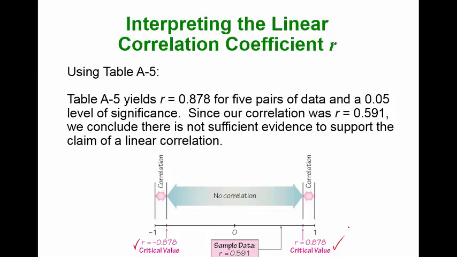On a number line between -1 and 1, if we mark our critical values at positive 0.878 and negative 0.878, those can be our markers to determine whether we have correlation. Anything from 0.878 going to positive 1 will have correlation. Anything from negative 0.878 going to -1 will also have correlation. But anything in between those two critical points will have no correlation.